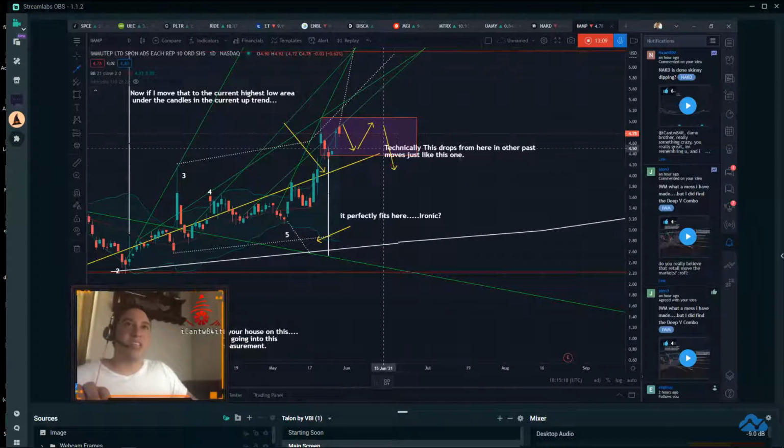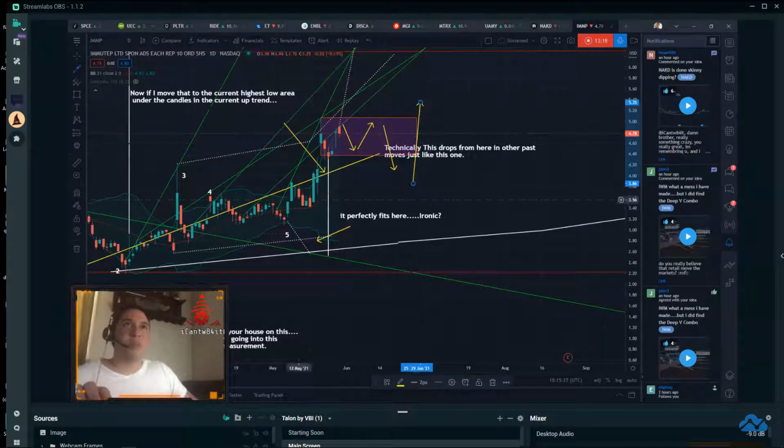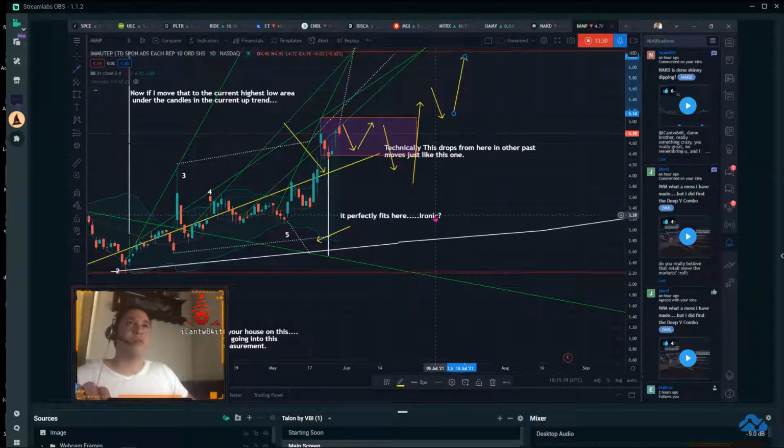So it bounces out of this box. This is the final dip into liquidity, and then it's going to turn around and bounce back up, find support on this area, maybe on top of the box, and then go long from there.